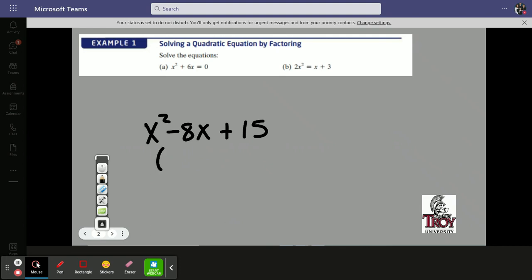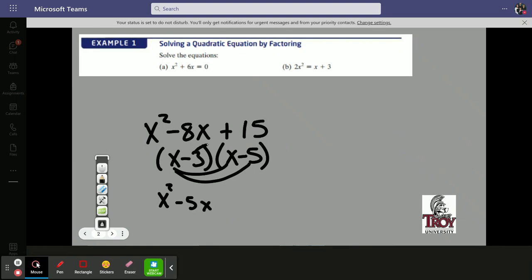So I would have to say x minus 3 times x minus 5. Yes? FOIL, remember FOIL? First, x squared; outside, minus 5x; inside, minus 3x; and last, plus 15. Like terms, x squared minus 8x plus 15. Right? Got right back to it. Yes? All right, that's factoring.